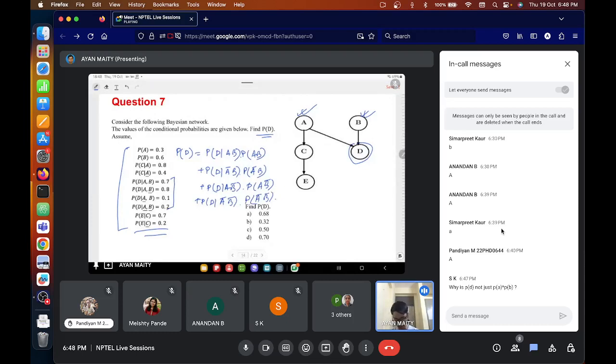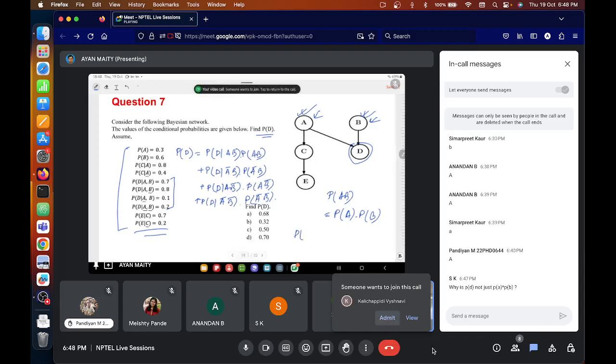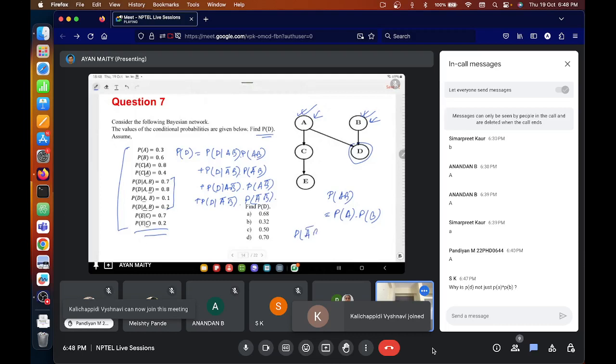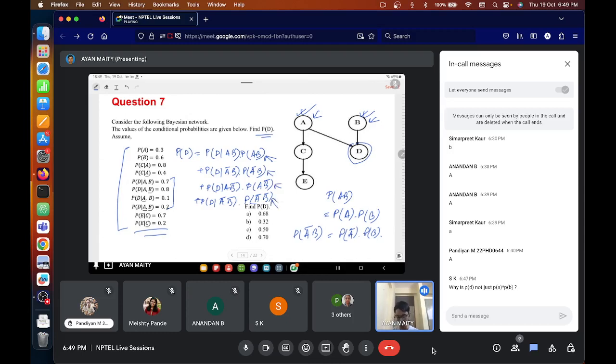And A and B are conditionally independent of each other. It's easy to see that A and B are certainly not dependent on each other. So probability of AB would be probability of A into probability of B, and similarly probability of A complement B would be probability of A complement into probability of B. Using this you can find out all these 4 values: probability of AB, probability of A complement B, probability of A B complement, and finally probability of A complement B complement, because A and B are conditionally independent of each other.